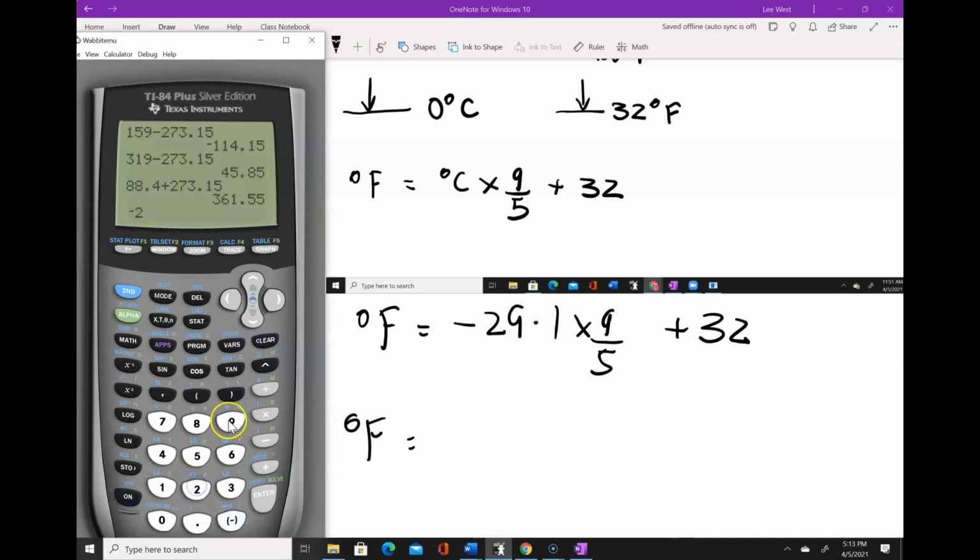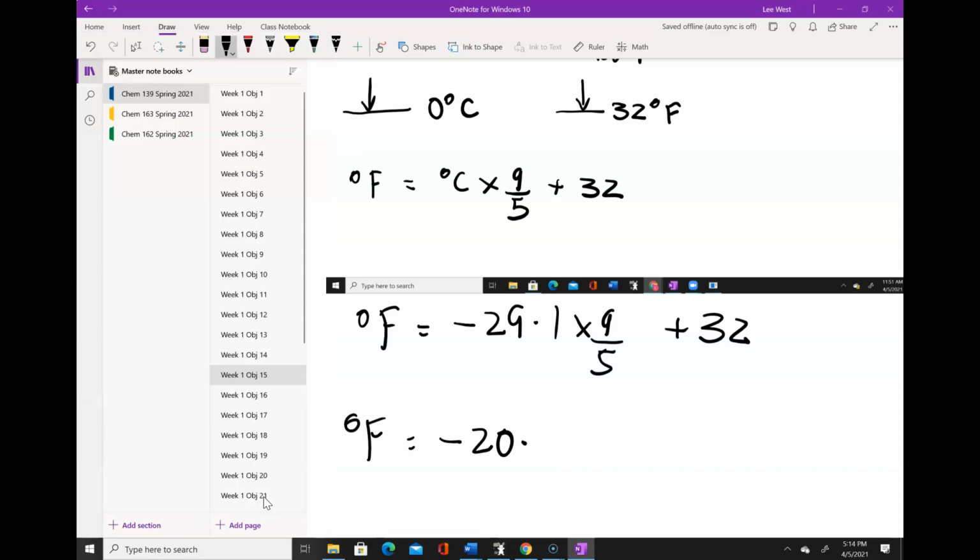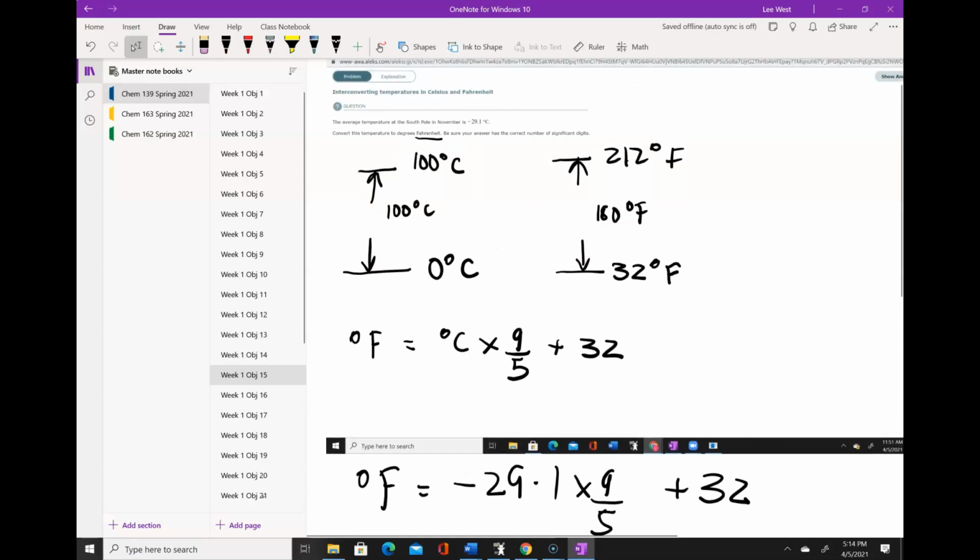Minus 29.1 times 9 on 5 plus 32. There we go. There's our calculator answer, minus 20.38 degrees Fahrenheit.